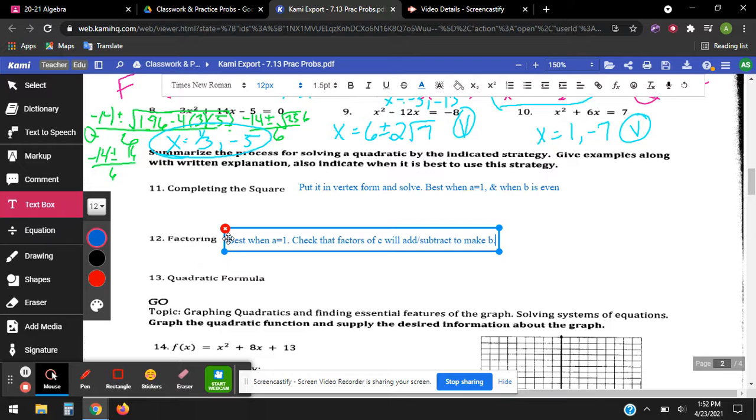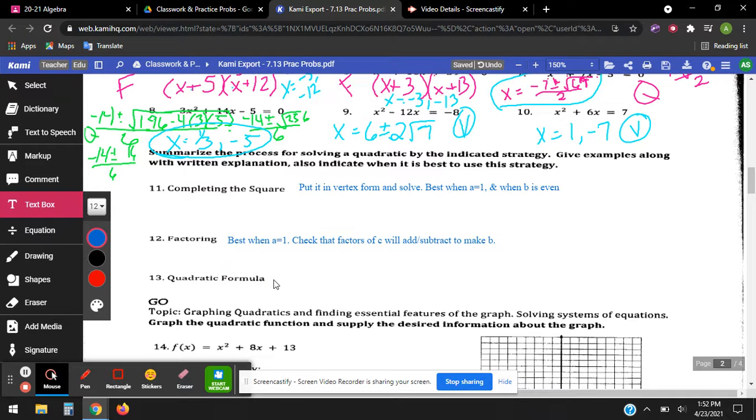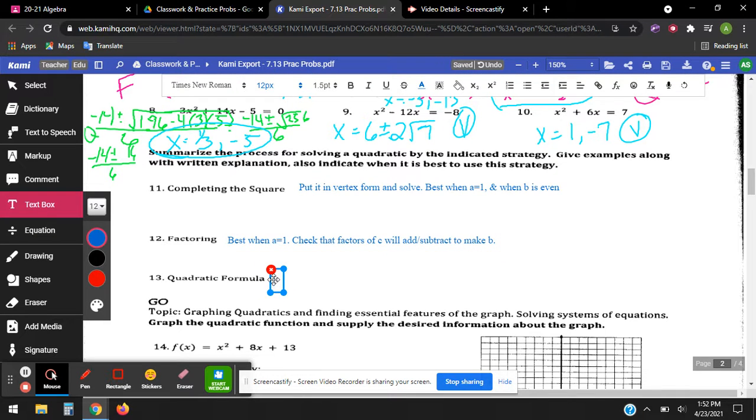That's a little more specific. And the quadratic formula, really, you can use it anytime. We can always say when others don't work as well, or anytime, because it works for all.